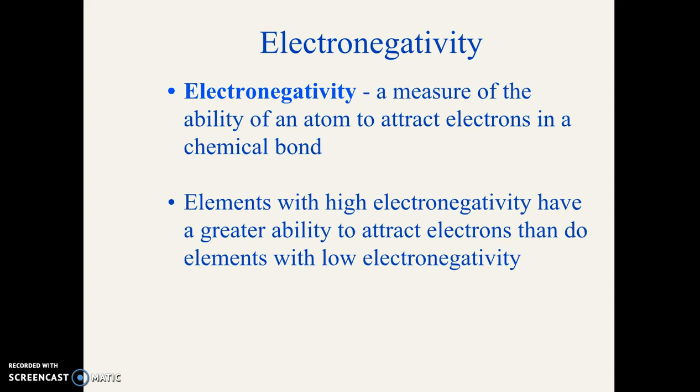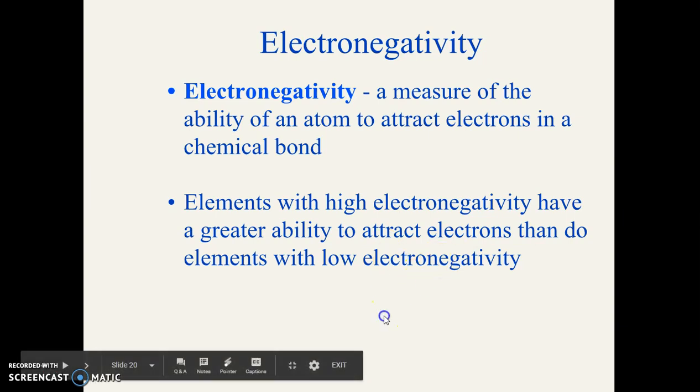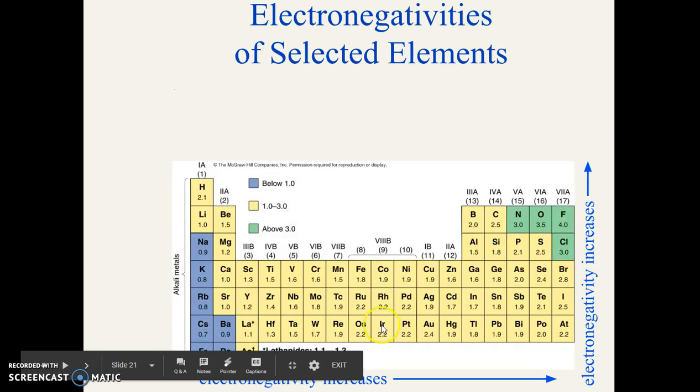So when you form a bond, if you have a higher value, you're not going to share evenly. So if we look at this periodic table of values, remember electronegativity goes down as we go down the periodic table, and it increases as we go across. So fluorine has the highest electronegativity value of 4, and francium down here has the weakest of 0.7.